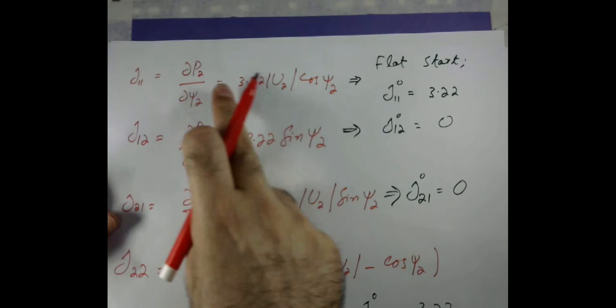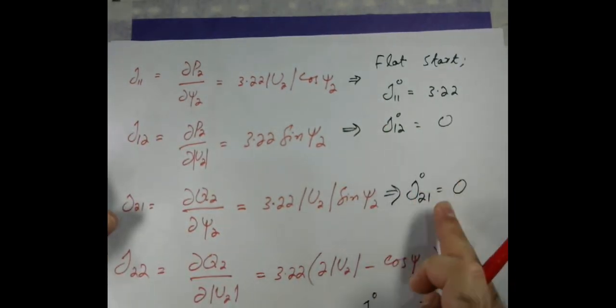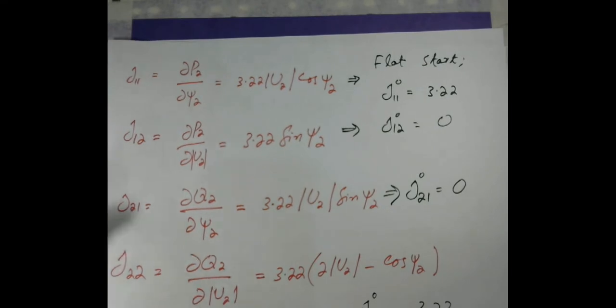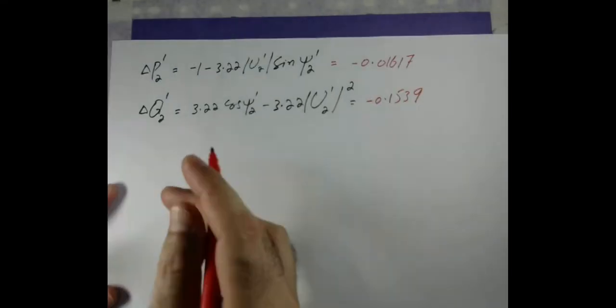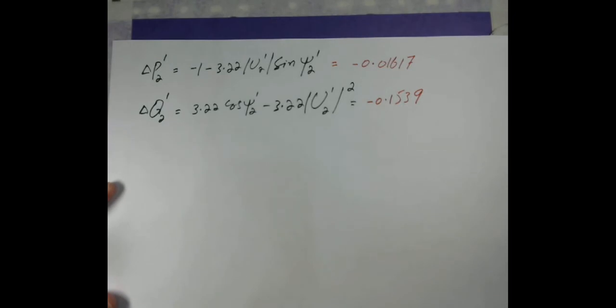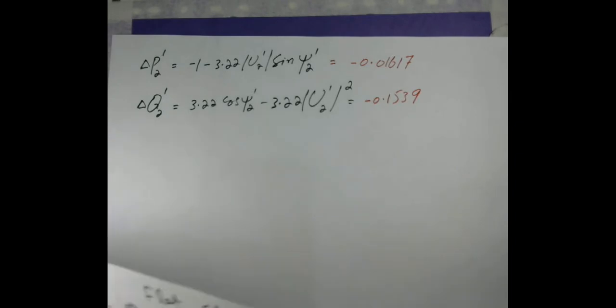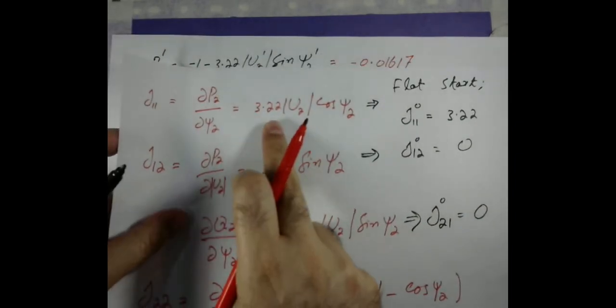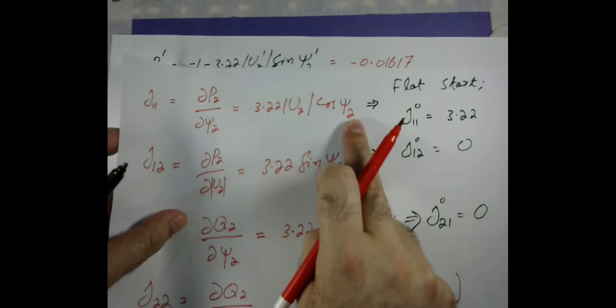If you see here, J11 was equal to 3.22, J12 was 0, J21 was 0, and J22 was also 3.22. Now after using the updated values, let me find again. I will directly write it, because you can do it yourself: this is equal to 3.22 U2 cos of psi 2. In the previous case this was 1.